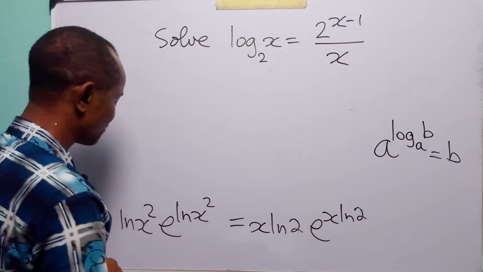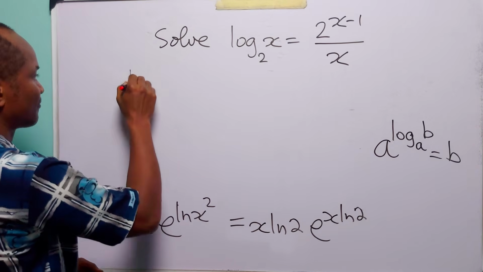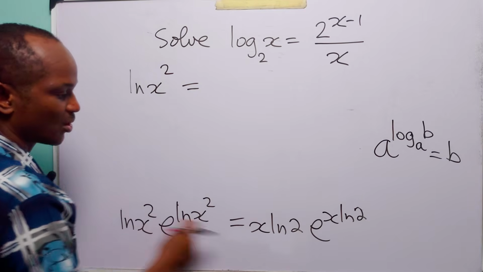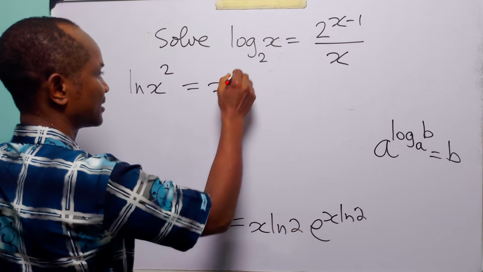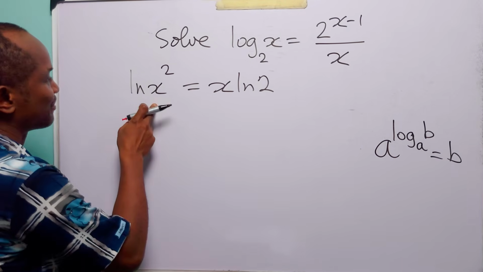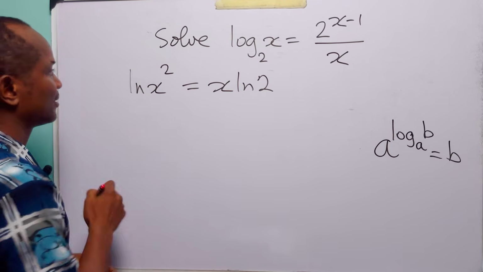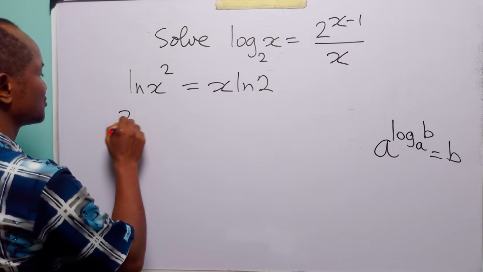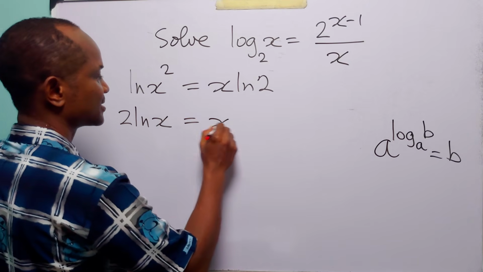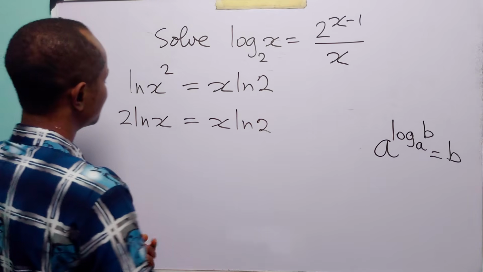And of course, you know that when we do that, we have that ln x squared is equal to x times ln 2. Now let us apply the power rule to the left-hand side. When we do that, we have 2 times ln x is equal to x times ln 2.